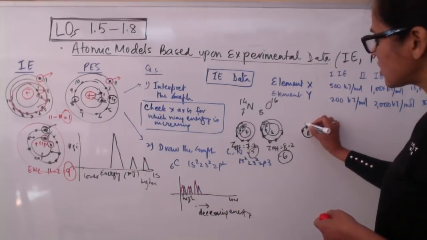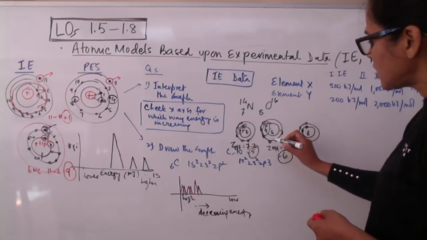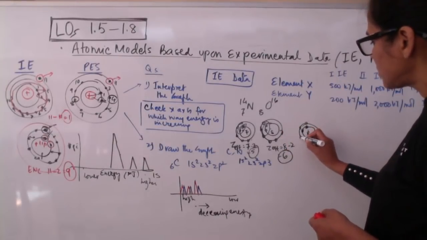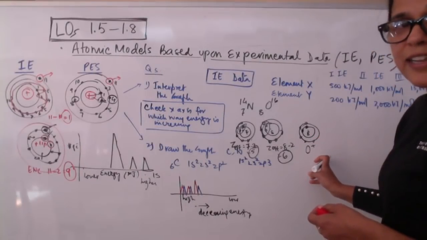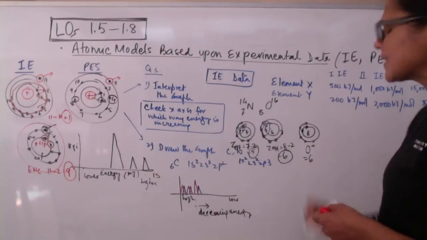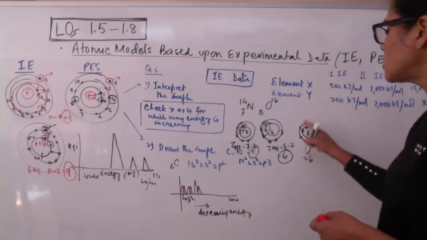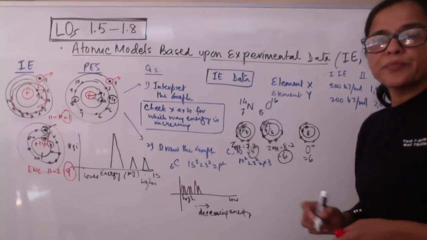Your shielding electrons will still be the same. So Stephen's question was 1, 2, 3, 4, 5, 6. Then 1, 2, 3, 4, 5. If this is the oxygen cation, this looks so ugly, guys. It never happens in real life. Its ENC will be exactly the same. It will not change till you change the valence, because it is still 8 minus 2.